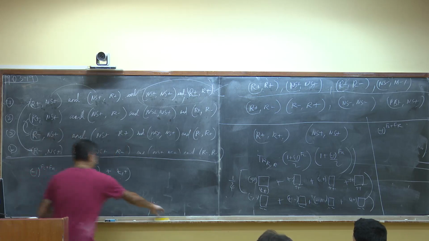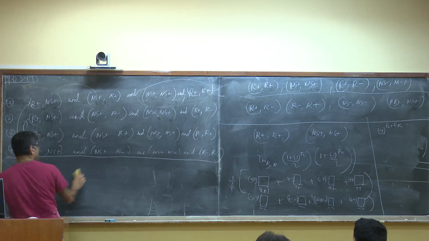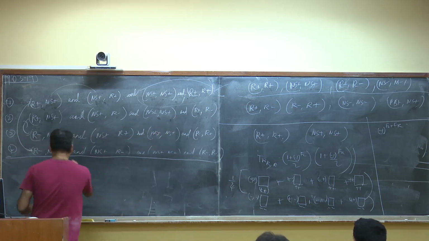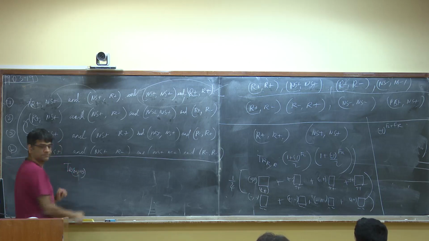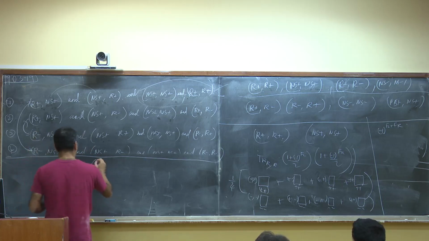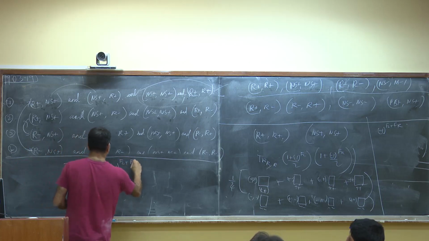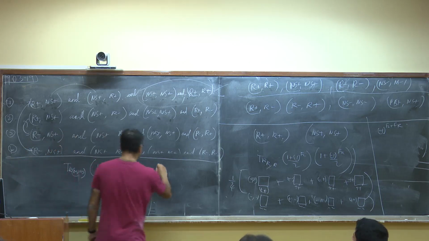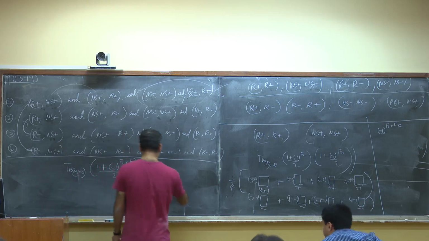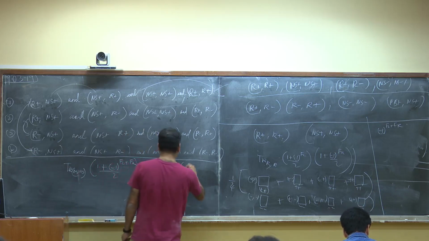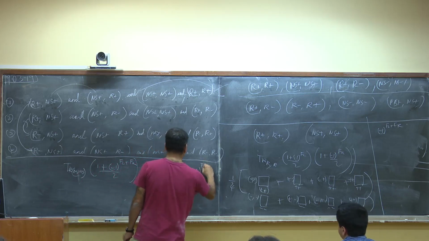I'm claiming the following. I'm claiming that that thing is trace in NSNS of 1 plus minus 1 to the power FL plus FR by 2, plus trace in RR of 1 plus minus 1 to the power FL plus FR by 2.